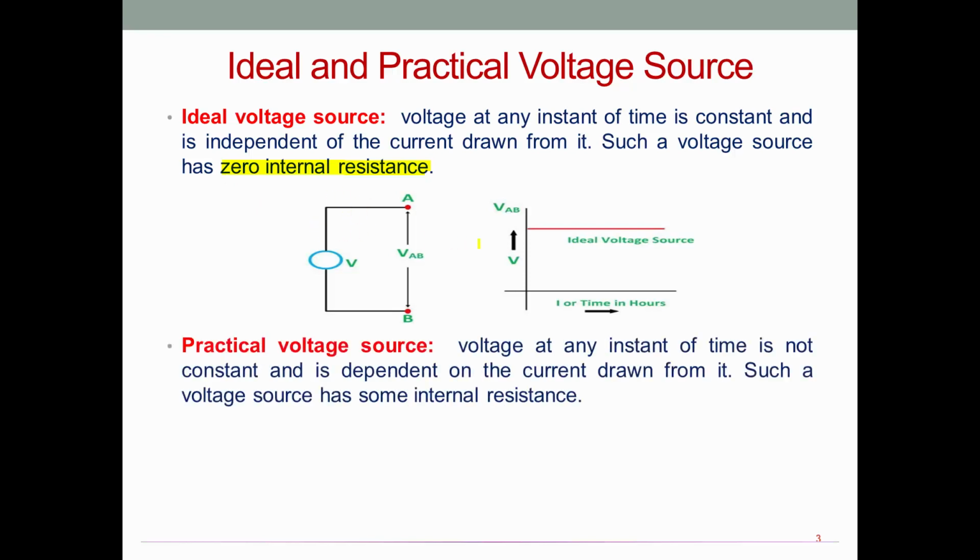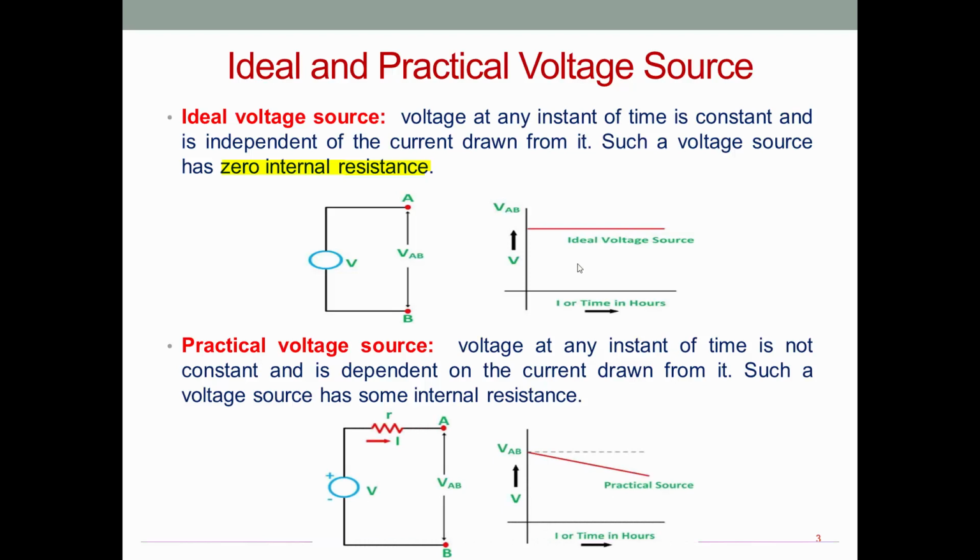Now coming to the practical voltage source, the voltage at any instant of time is not constant and is dependent on the current drawn from it. Such a voltage source has some internal resistance. Let me draw the circuit diagram.